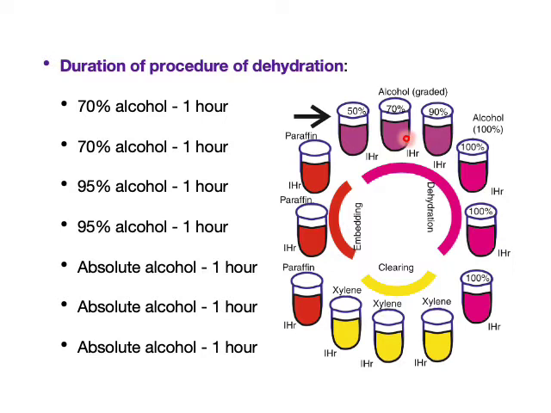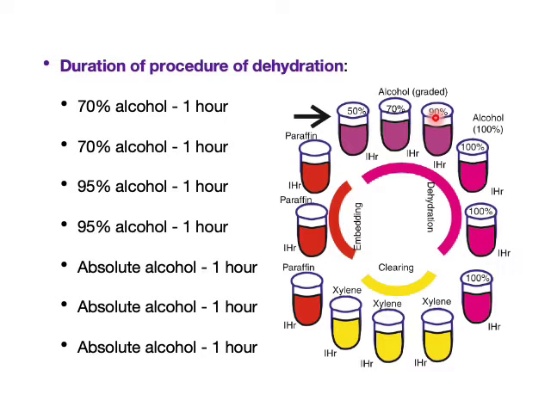Again change that tissue into another bottle containing 70% alcohol for one hour, and then that will be changed to 95% alcohol for 1 hour. Again we'll be changing to another bottle containing 95% alcohol for 1 hour, and then we'll change that into another bottle containing absolute alcohol for 1 hour.